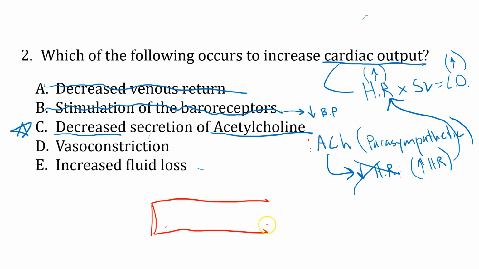Vasoconstriction would be if I decreased the size of that vessel. And holding all things equal, the same amount of energy and everything else, if I decrease the size of that vessel, I'm actually increasing the resistance.